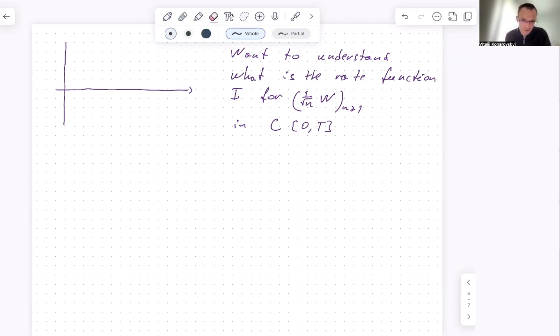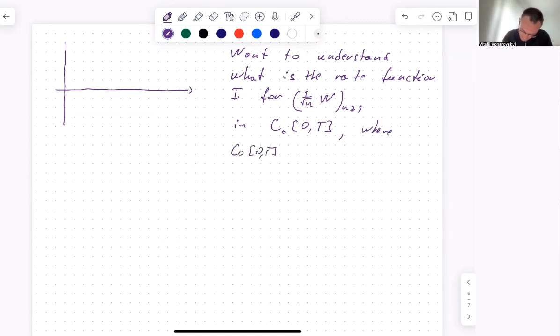Let me make the remark that we should not consider the whole space of continuous functions. We can only consider continuous functions that start from 0. So let me put a 0 here and say C_0 of [0,t] is the set of continuous functions f from [0,t] to R, such that f is continuous and f of 0 is equal to 0.